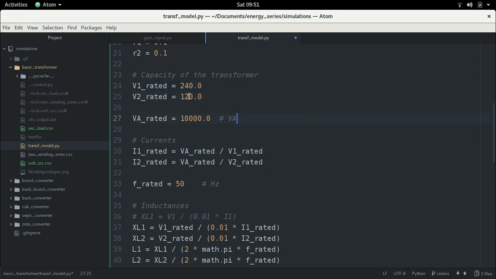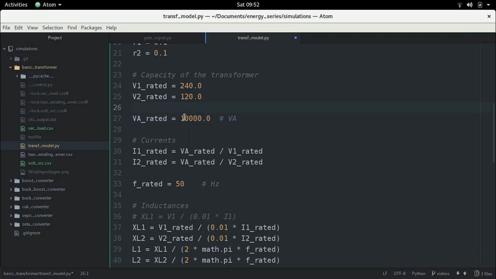With this change, what else do we need to do? We don't have to change anything else, right? For example, if you look at VA rated, it is the same because this is the volt ampere rating of the transformer. Now, this would change depending upon the winding ratios. For example, if I were to have, let's say, a 240 by 12 volt transformer, you can't now use a 10,000 VA rating.